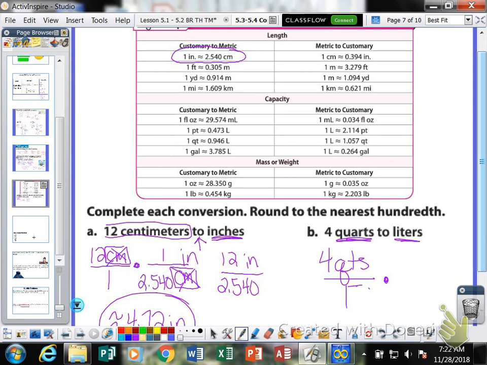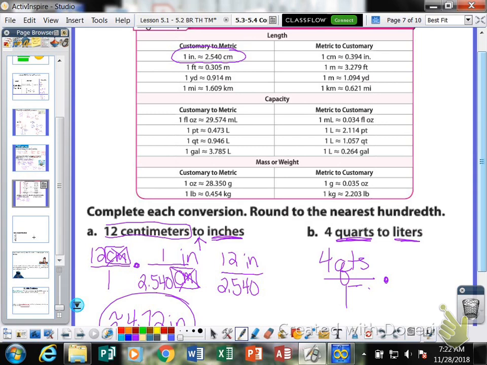Okay, so I want to use, now there's 2 of them up there. We want to use the 1 quart is approximately 0.946. So that's what we want to go to from quarts to liters.